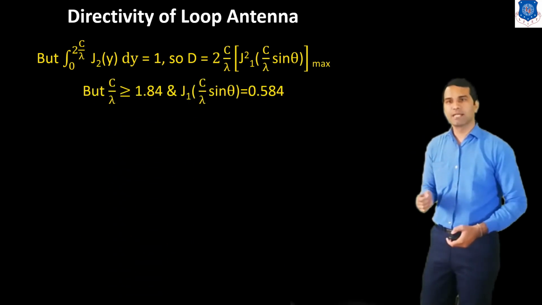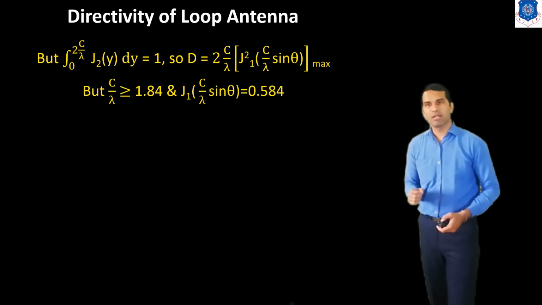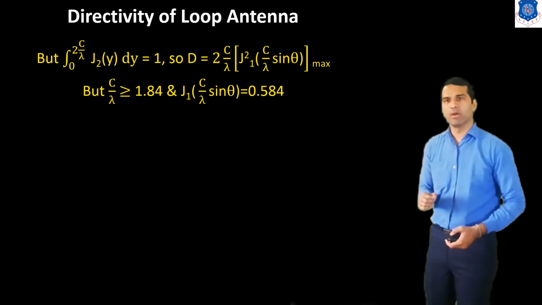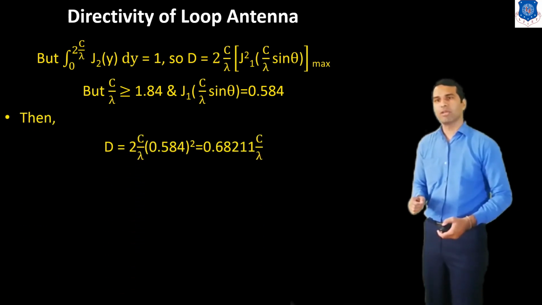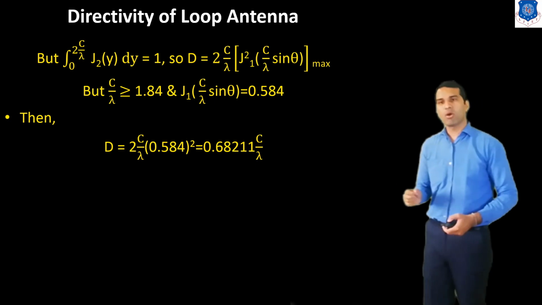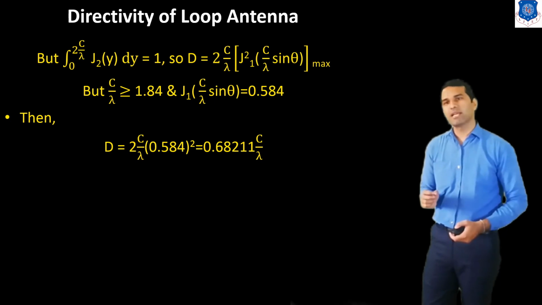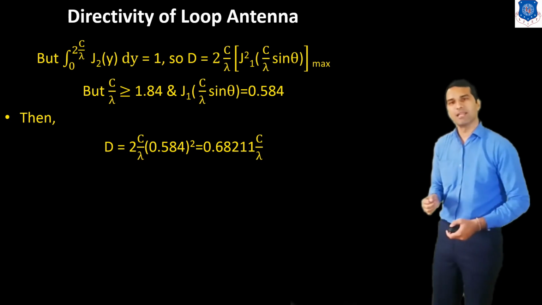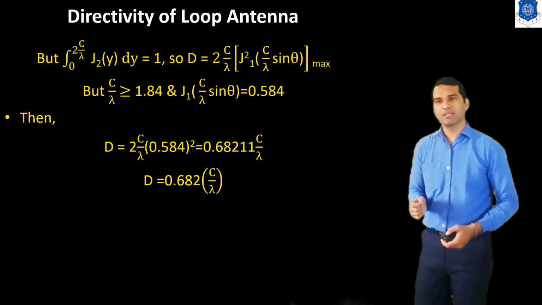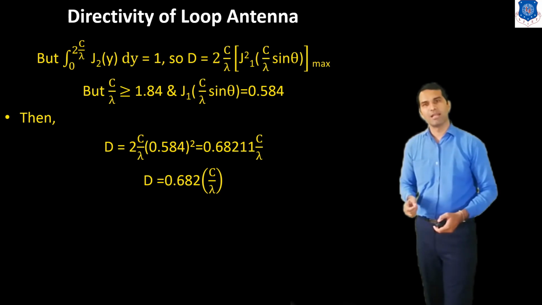But C is greater than or equal to 1.84, and J1 C by lambda sin theta is equal to 0.584. Then we can write D is equal to 2 C by lambda times 0.584 square, which is 0.6821 C by lambda. So the directivity is D is equal to 0.682 C by lambda.